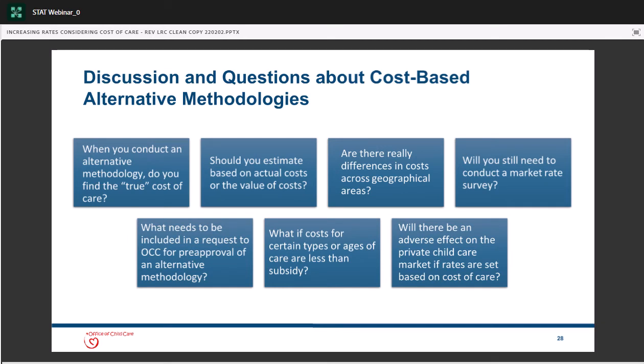Should you estimate based on actual costs of care or the value of costs of care? And what does value of cost of care really mean? This question is best answered by you, depending on your goals for conducting a cost-based alternative methodology. Typically, in looking at actual costs for salaries, you'd use wages and benefits.